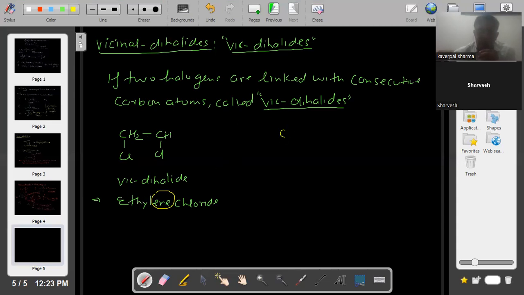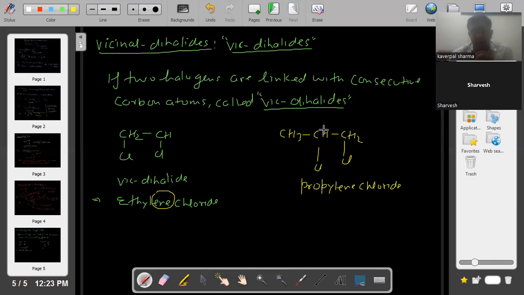Another case, CH3, CHCl, CH2Cl. The name will be propylene chloride, with 3 carbons. It will be ethylene chloride with 2 carbon atoms.